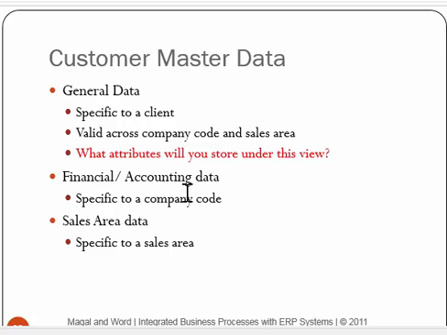And then you have financial accounting. And here underneath it says specific to a company code. Why is accounting specific to a company code? Because remember, the company codes are totally different companies.